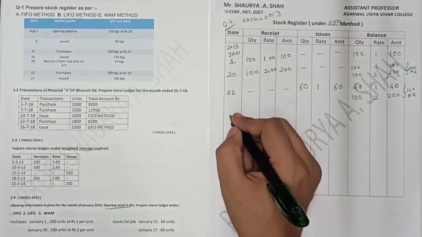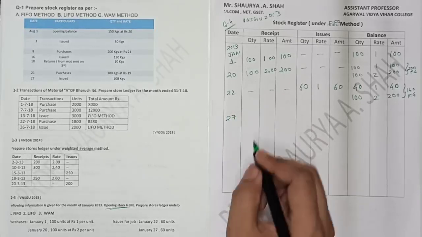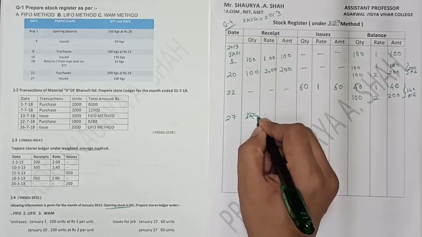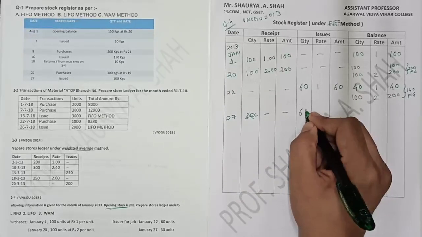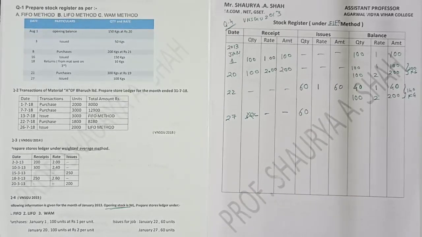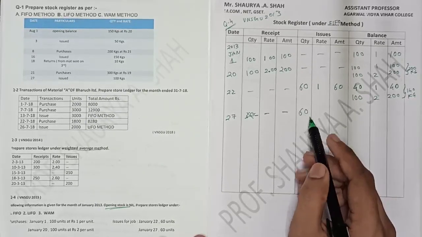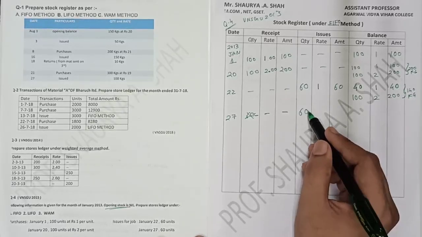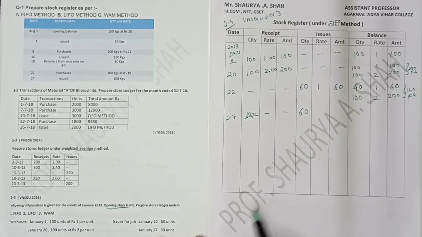Now on the last date, 27th of January, you have again issued 60 units. My mistake, it will not be written here; 60 is my issues. It happens many times, so you need to try not to commit the mistake. Now here you cannot give the direct 60, students, because from the earlier lot you are having only 40.